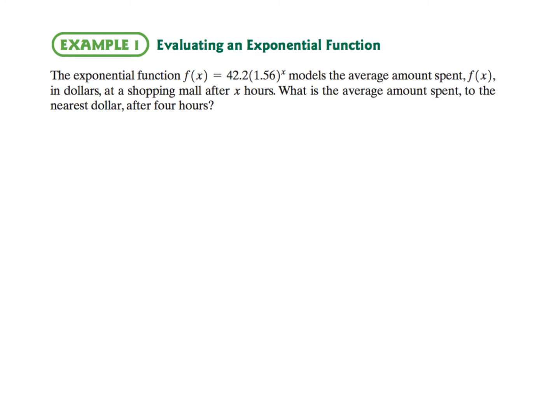The first example involves the exponential function f of x equals 42.2 times 1.56 to the power of x. This models the amount of money spent, which is f of x, in dollars, at a shopping mall after x number of hours. What is the average amount spent to the nearest dollar after 4 hours? Here we're trying to find f of 4, because 4 represents the number of hours, so we take 42.2 times 1.56 raised to the fourth power.